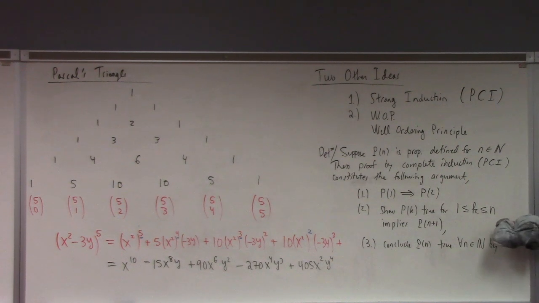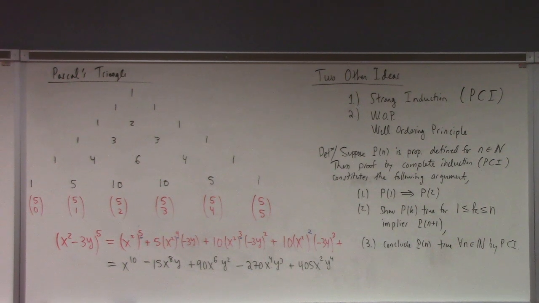The strong induction hypothesis doesn't assume just true for a fixed n. Rather, for every k from 1 all the way up to n, including n. That's a different assumption than weak induction, at least on the surface of things.